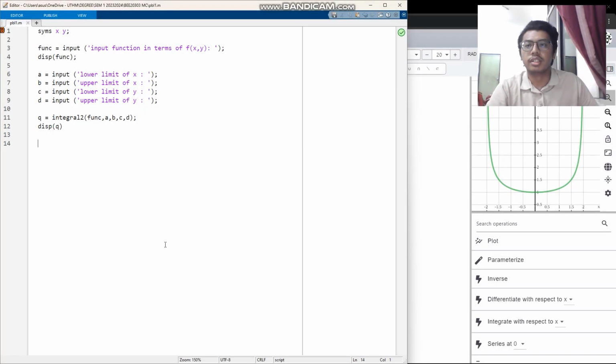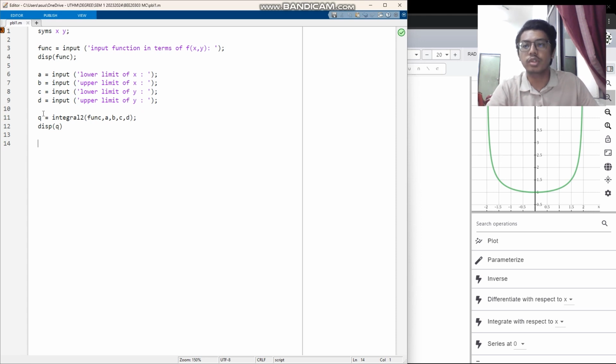Before I run this program, I want to explain first. First, we need to define syms in terms of x and y, and input the function f of x, y from the equation we got from Maple earlier. The display function is to display whether we put it correctly or not. Next, a is the lower limit of x, b is the upper limit of x, c is the lower limit of y, and finally d is the upper limit of y.